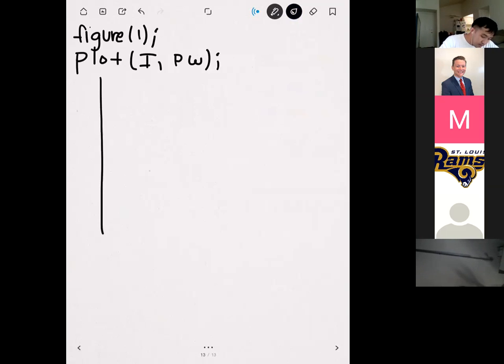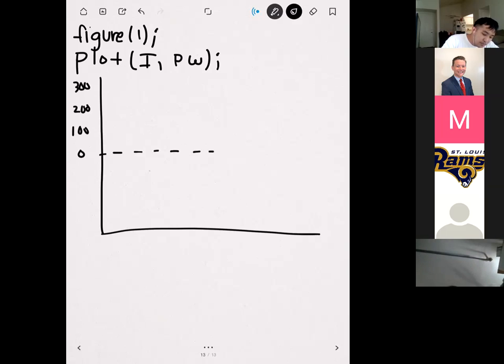And the plot will look something like this. We have 300, 200, 100, 0. Zero is going to be our most interesting line here, because what we want to find is where our function for the present worth crosses 0.